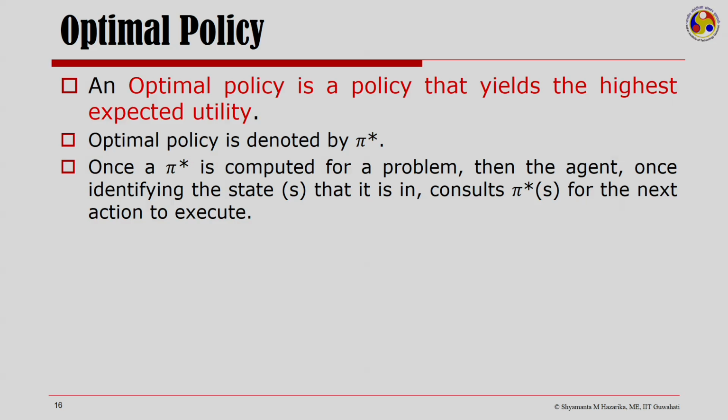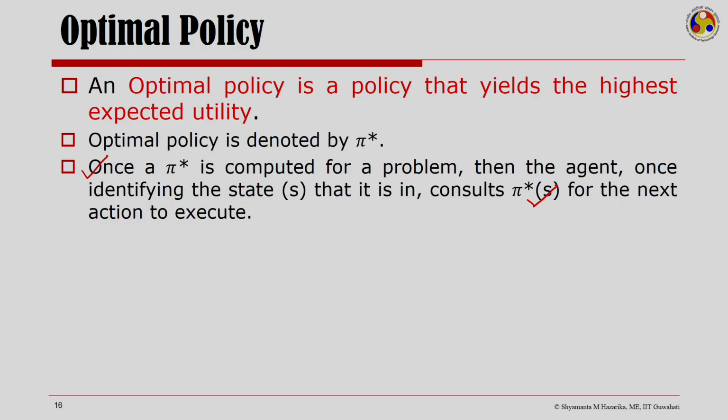So, an optimal policy is denoted by pi star, and once pi star is computed for a problem, then the agent identifying the state S that it is in would consult the optimal policy for the next action to execute.